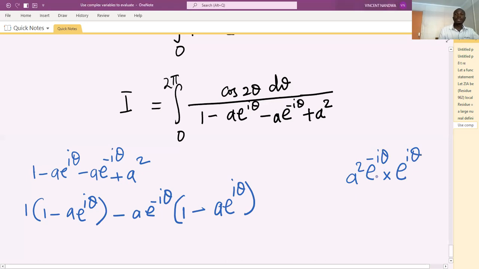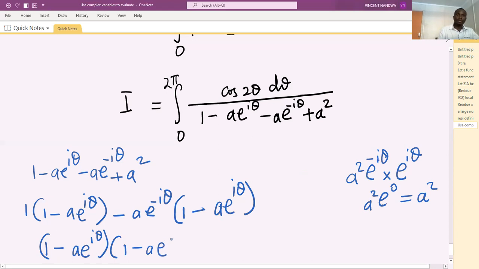The law of indices tells us that minus i theta plus i theta is 0, so a squared e raised power 0, and e raised power 0 is 1. That just gives us a squared, as we have in this position here. So this will be 1 minus a e raised power i theta, and another factor is 1 minus a e raised power minus i theta. So this denominator will be written as a product of these two factors.